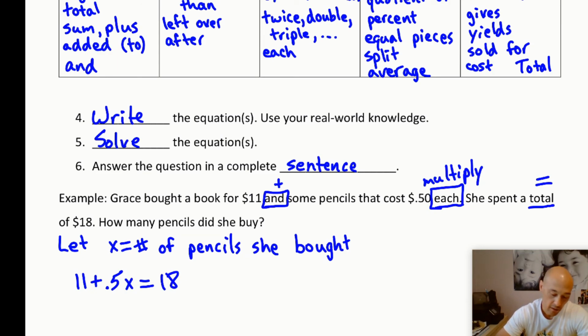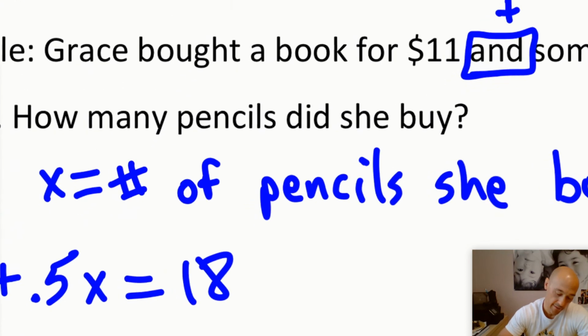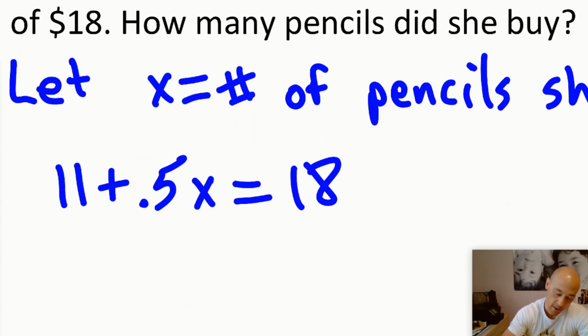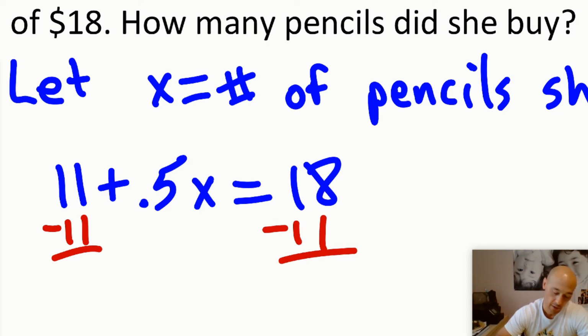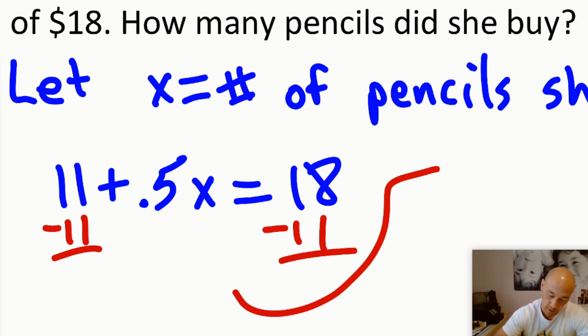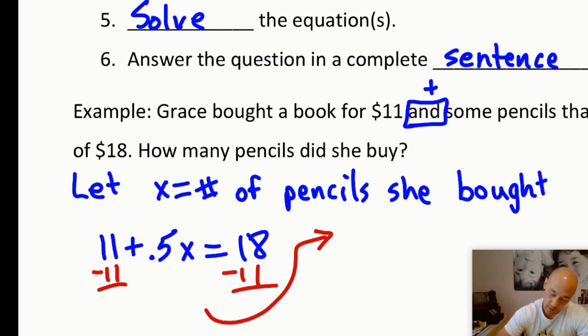Now I can solve. That's step 5. So here's my equation. I'm going to subtract 11 to make a 0 on the left-hand side to get 0.5x equals 7.